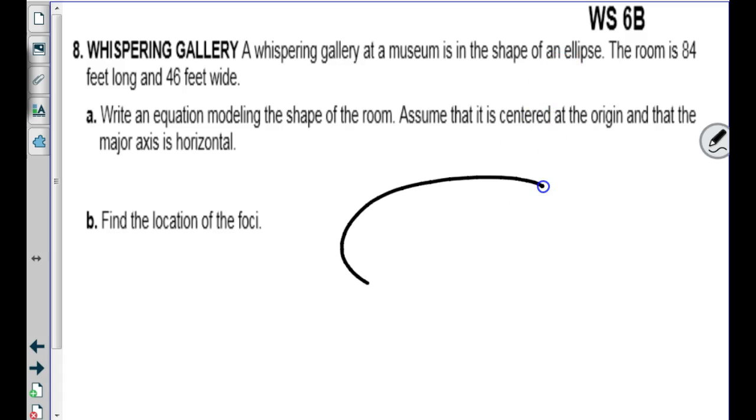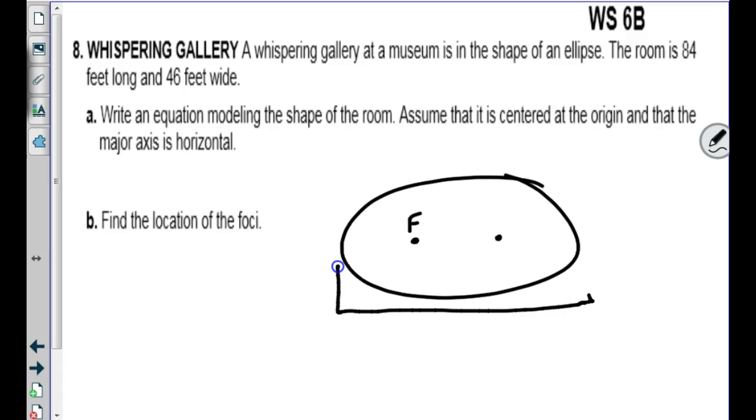Where those points are where you can stand and hear somebody is a focus. It's crazy. Okay, the room is 84 feet long. So that's the major axis, right, guys? I think so. And it's 46 feet wide up and down. So that's the minor axis.